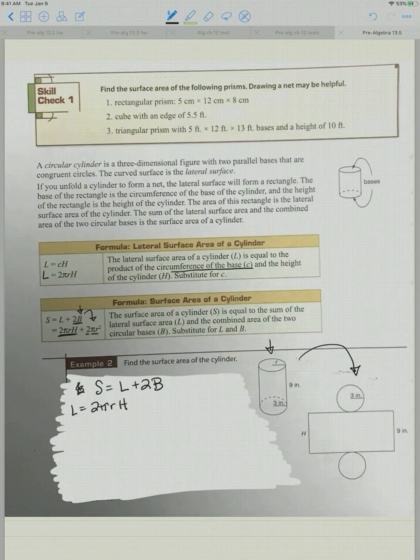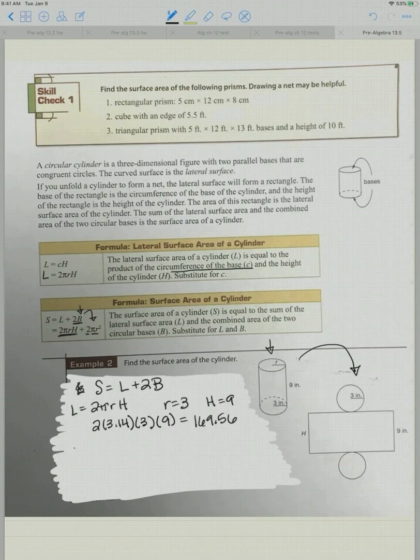So what do we know? We know that the radius is 3, and we know that the height is 9. So big L is equal to 2 times 3.14 times the radius, 3, times the height, which is 9. I'm just going to plug that into my calculator. 2 times 3.14 times 3 times 9 gives me 169.56.